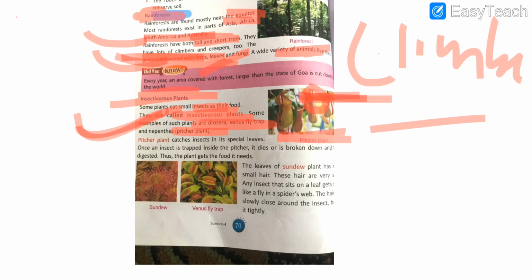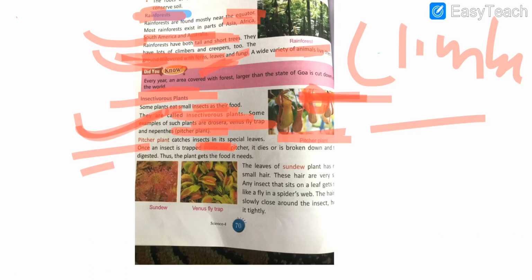This pitcher plant traps it inside. The insect gets broken down and digested in the plant body. Thus, the plant gets its food, and those plants that have their food in the form of insects are called insectivorous plants.